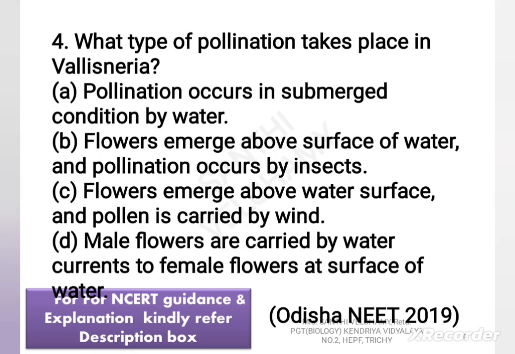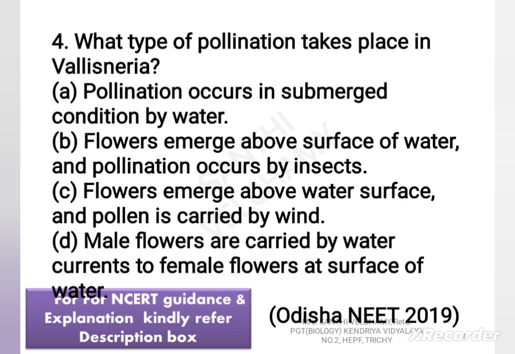Now next one. What type of pollination takes place in Vallisneria? A. Pollination occurs in submerged condition by water. B. Flowers emerge above water surface and pollination occurs by insects. C. Flowers emerge above water surface and pollen grain is carried by wind. D. Male flowers are carried by water currents to female flowers at the surface of water.